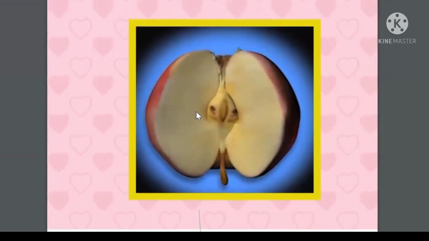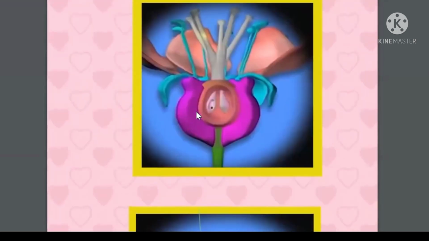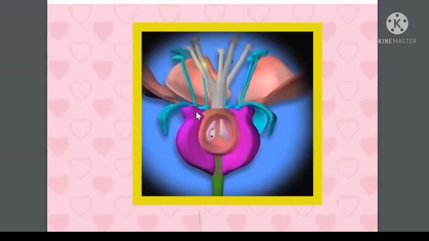Apple. Its pictorial representation is given here. See this. Which portion of this flower turns into fruit, the apple fruit? Which portion of the flower becomes the fruit of apple? From this picture, can you say?